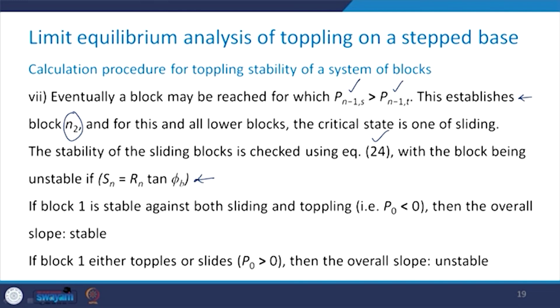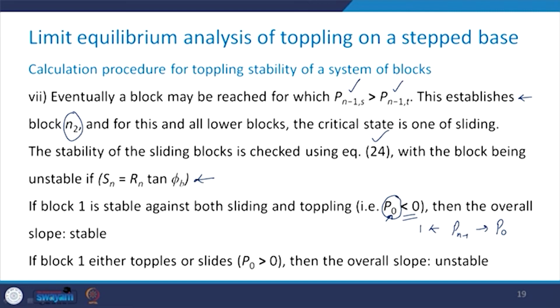Now, if block 1, which is the lowermost block near the toe of the slope, is stable against both sliding and toppling, that is P0. Why are we getting this P0? Because it is block number 1, and for block number 1 P n minus 1 will be P0. So, if P0 is less than 0, then the overall slope is going to be stable.